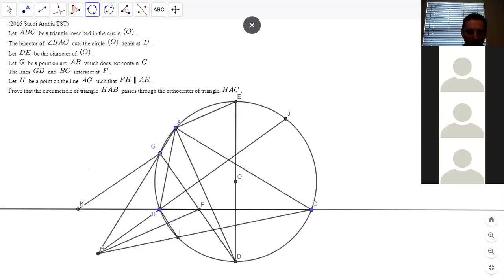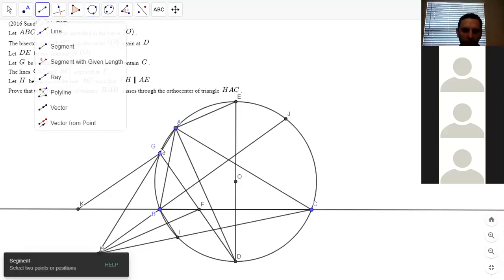Let's think about it. Oh, and this passes through E. I should draw that.